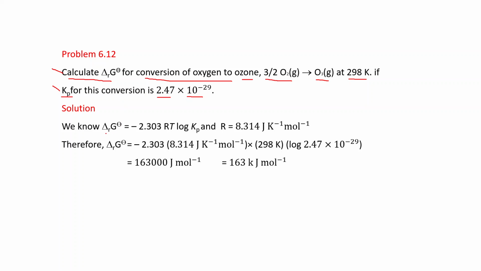As we know, the relationship is: standard Gibbs energy change of a reaction is equal to minus 2.303 RT log Kp, and R is the gas constant 8.314 joule per Kelvin per mole. Putting the values in the formula, delta G standard is equal to minus 2.303 multiplied by 8.314, and the temperature is 298 Kelvin, and log of the value of Kp.